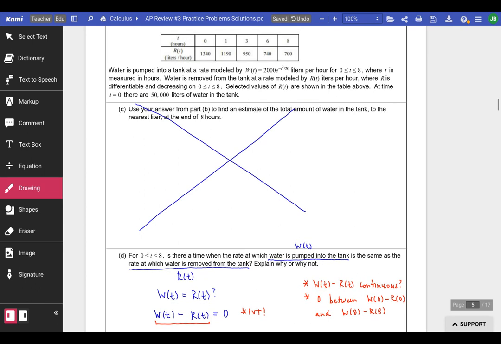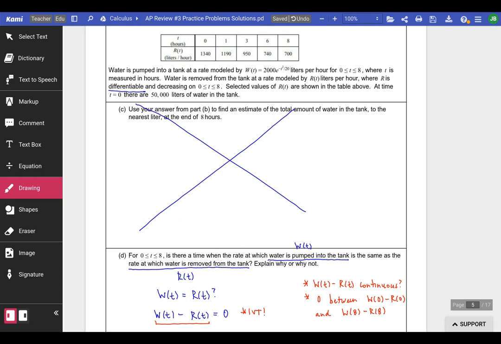For R of t, they tell us that R is differentiable, so we know then that R is continuous. Looking at W of t, because of the way this function is set up, 2000 e to the negative t squared over 20, that function is going to be continuous. There aren't any values that make that function undefined.